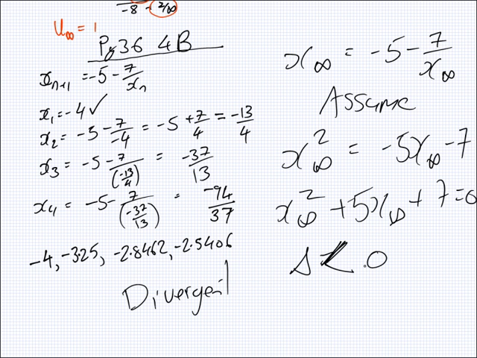So it's not possible to have a limit. We can't find it even. So clearly no limit. And no limit means divergent. Yeah? Okay, that's fine. There we go. Yeah, we can do some more.